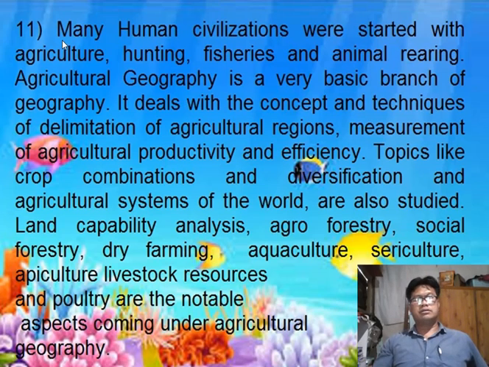Coming to agricultural geography, many human civilizations were started with agriculture, hunting, fisheries, and animal rearing. Agricultural geography is a very basic branch of geography. It deals with the concept and techniques of delimitation of agricultural regions, measurement of agricultural productivity and efficiency, topics like crop combinations and diversification, and agricultural systems of the world are also studied.